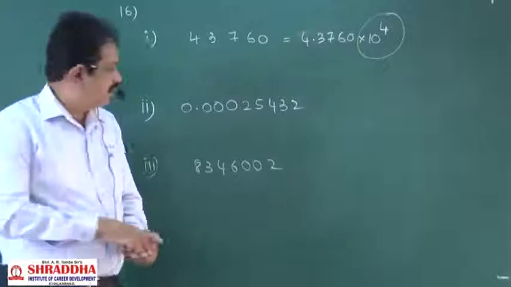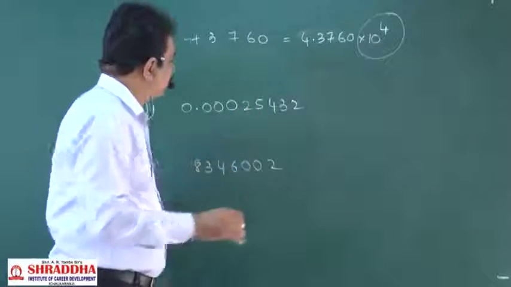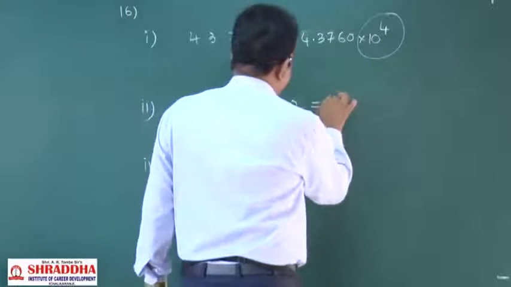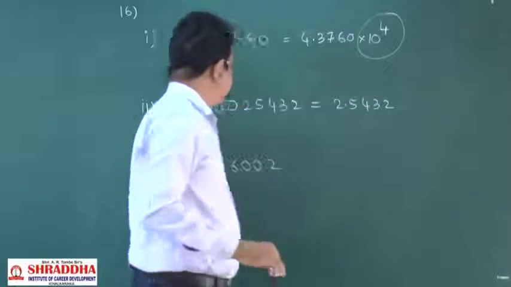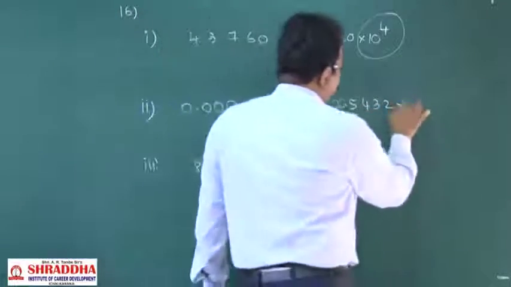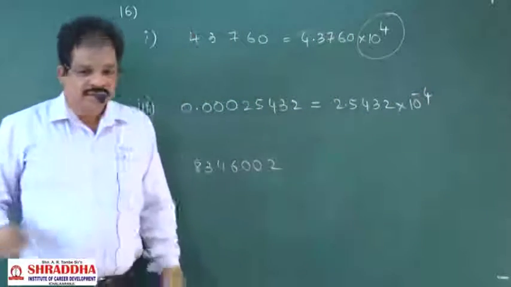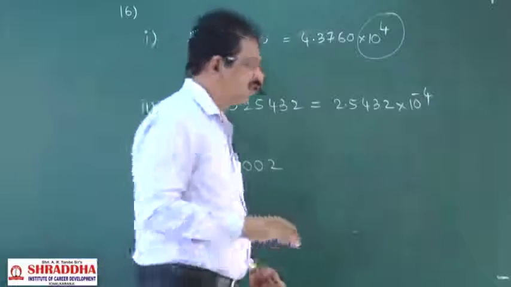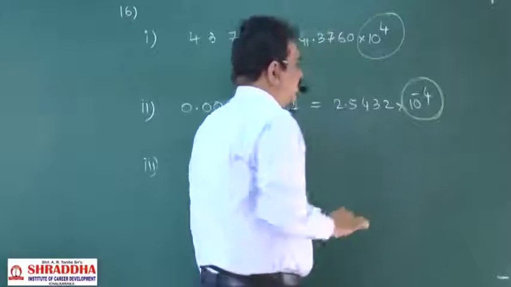Second number, this one they gave. We express this also as 2.5432 into 10 power minus 4. So the order of magnitude is 10 power minus 4.